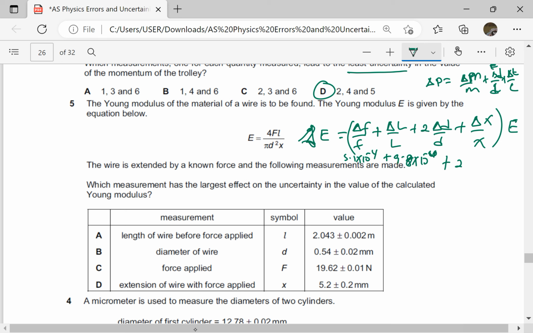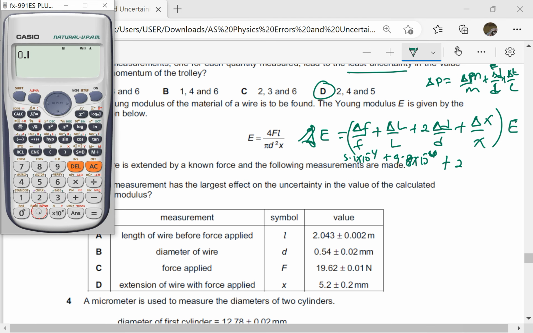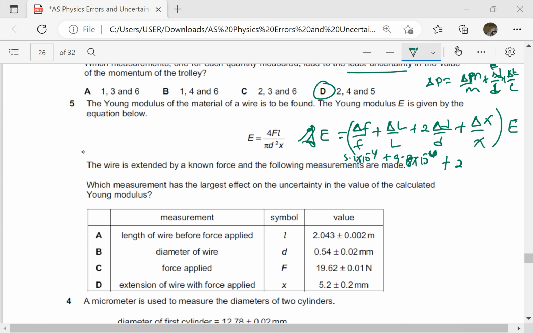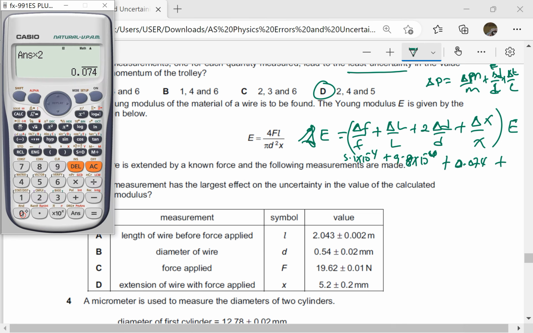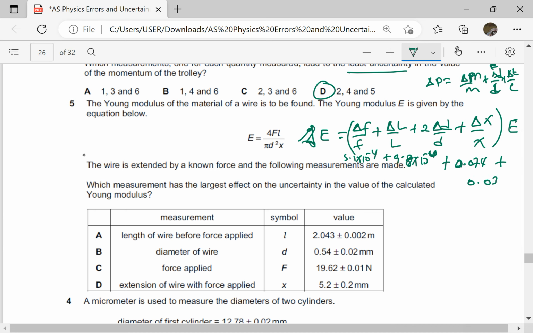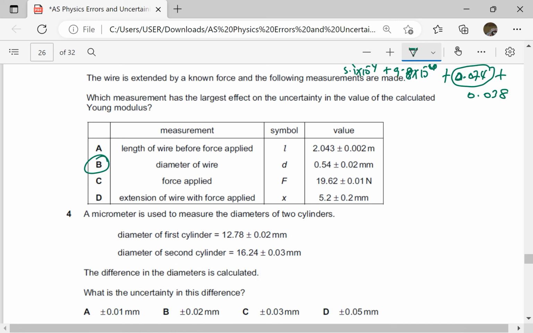Then plus 2 times for D, 0.02 divided by 0.54 times 2, which is 0.074 recurring. Then plus for X, 0.2 divided by 5.2, which is 0.0338. So we see that for D it is greater, so the answer here is going to be the diameter.